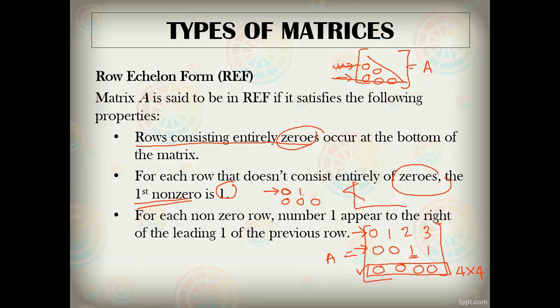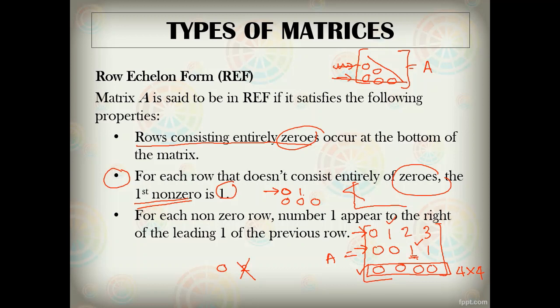It means after 0, it must start with 1. Same goes here: after 0, it must start with 1. You cannot start with 0 and then 2, because that does not satisfy the second property. But this one, yes, the first non-zero is 1.